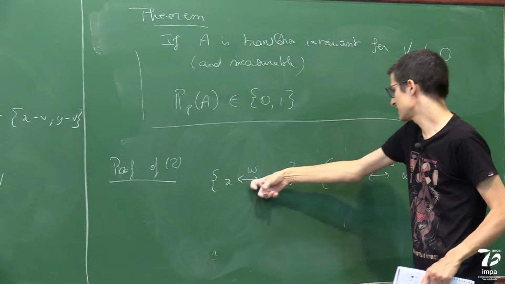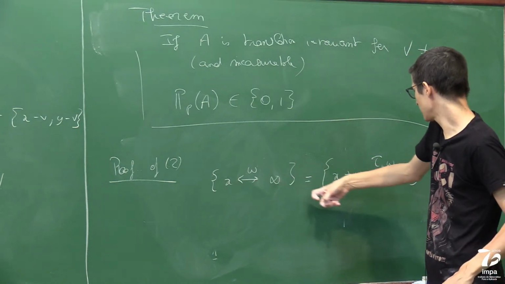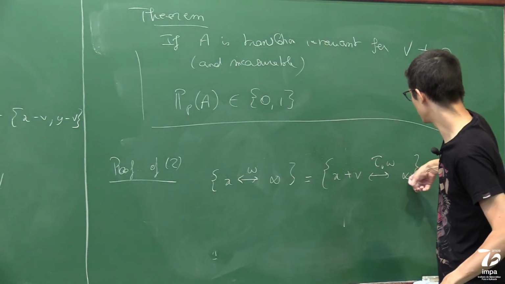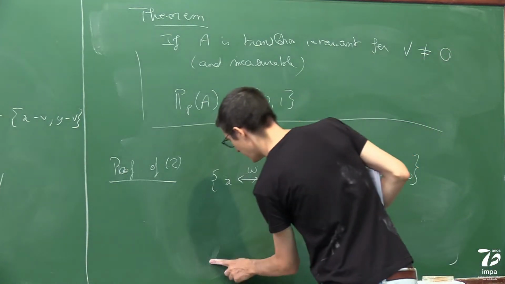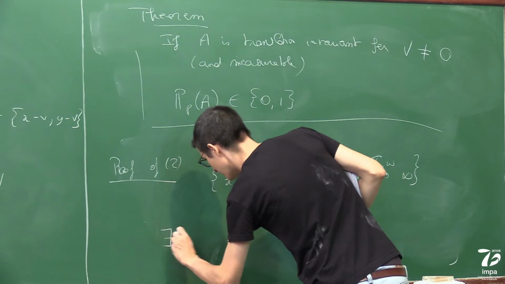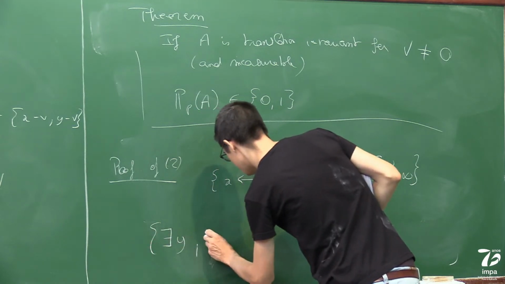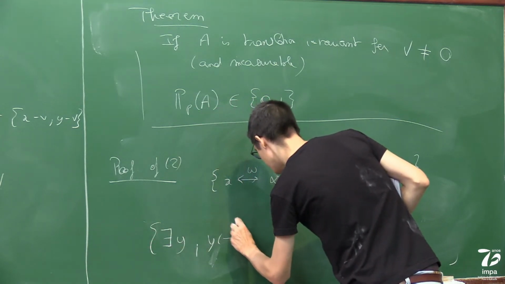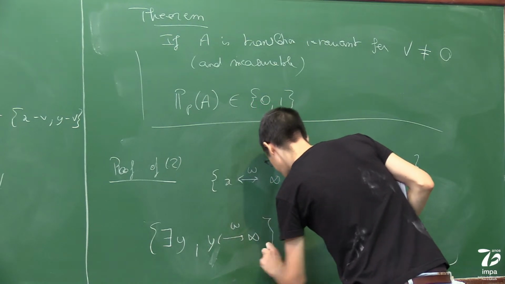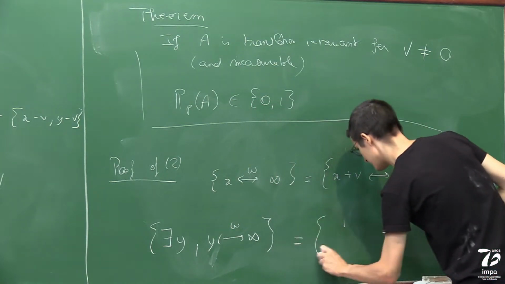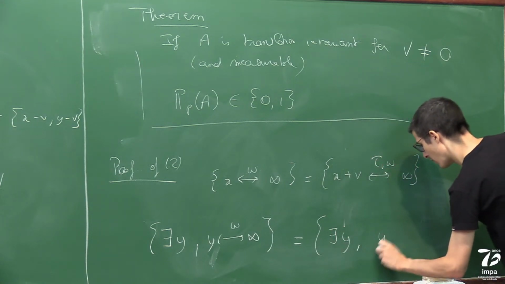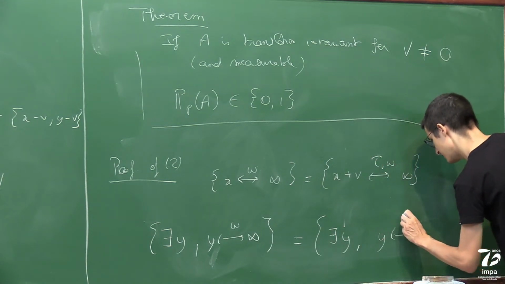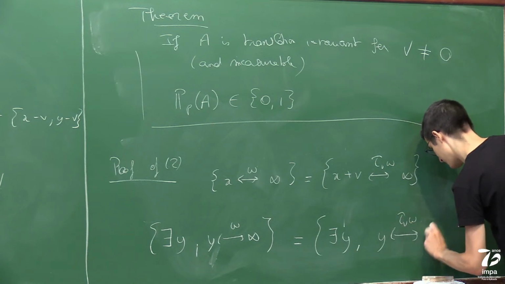Saying that x is connected to infinity is the same as saying that x plus v is connected to infinity for the translated environment. So in particular, this implies that there exists y such that y is connected to infinity is the same thing as saying there exists y such that y is connected to infinity for the translated environment.